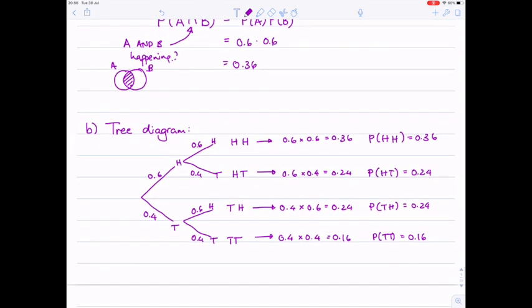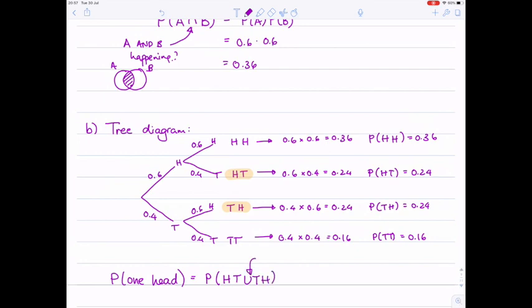But the question is actually asking us, we want the probability of one head. So this needs to be the probability of all the outcomes where we have exactly one head. So it's this one and this one. So it's the probability of the event heads, tails, union the probability of tails, heads.